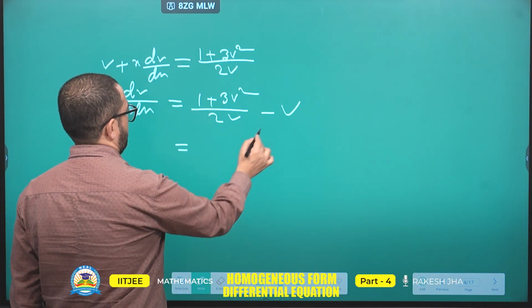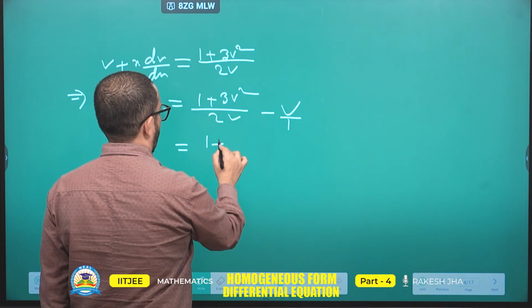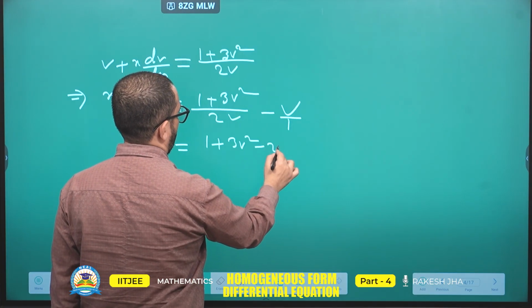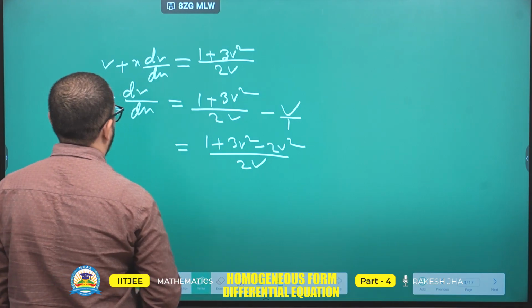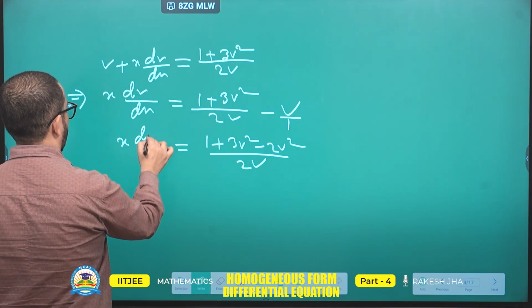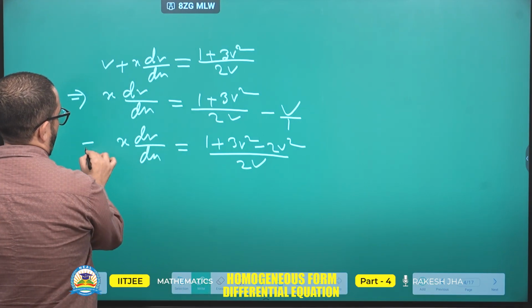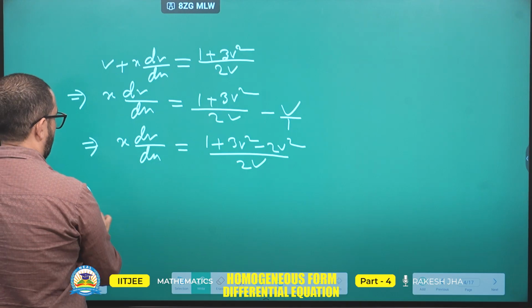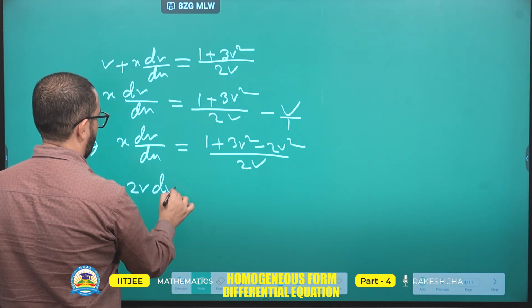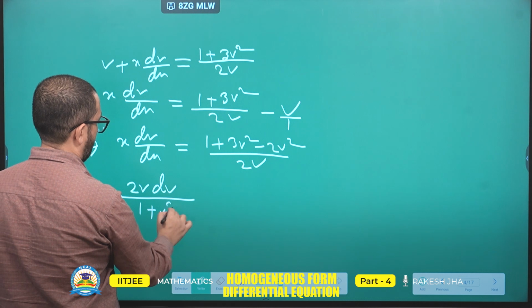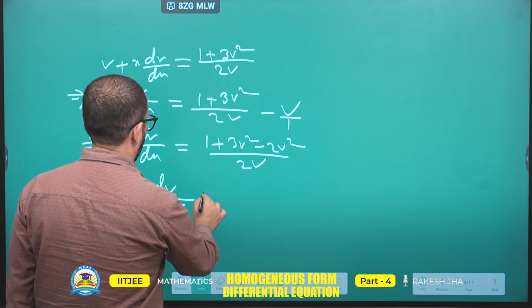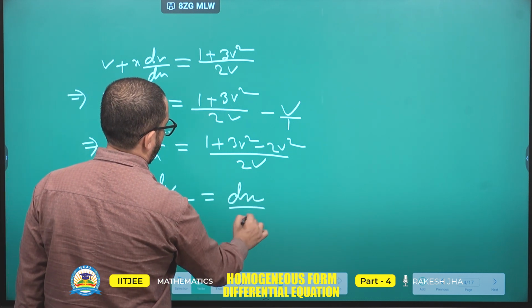If you take the LCM here, (1 plus 3v square minus 2v square) upon 2v, and here x times dv upon dx. So it will be 2v times dv upon (1 plus v square), and the right side is dx upon x.